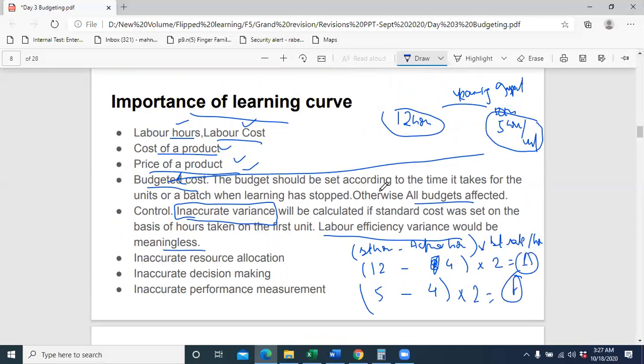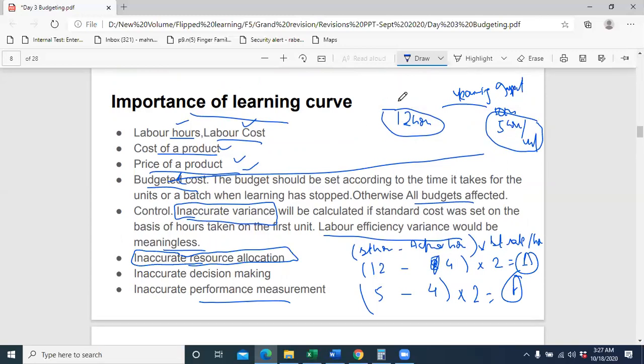So this would have an impact on budget, price, and cost. It could also result in inaccurate resource allocation. For example, the hour taken per unit is not 12, it's actually 5.